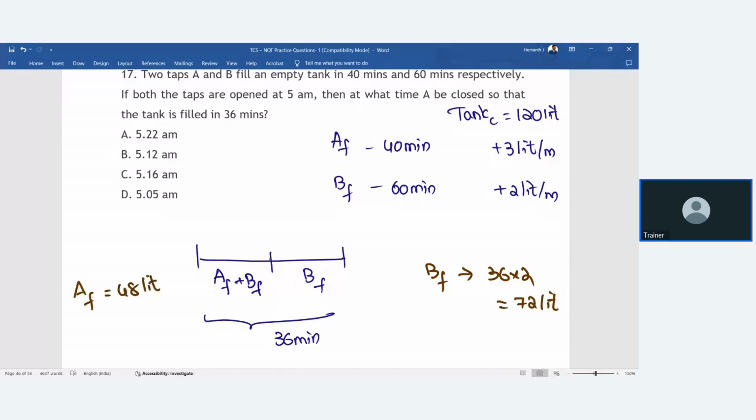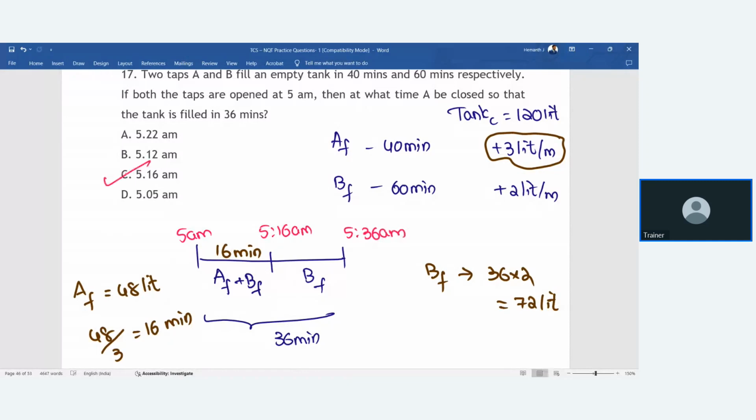A can do 3 liters per minute, so it is available for 16 minutes. 48 divided by 3 is 16 minutes. It means you started at 5 a.m., at 5:16 A is closed, and at 5:36 the tank is filled. At 5:16 pipe A is closed. You have to understand that.